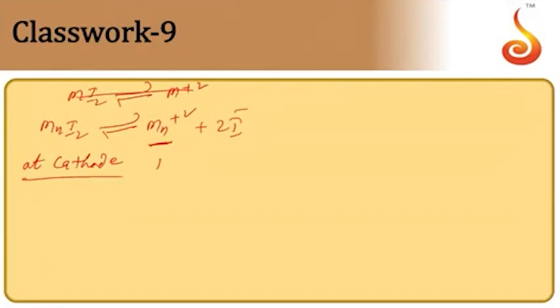H2O plus electron, getting reduced, forms H2 liberation plus OH minus ions. So at the cathode, water is getting reduced, with liberation of H2.